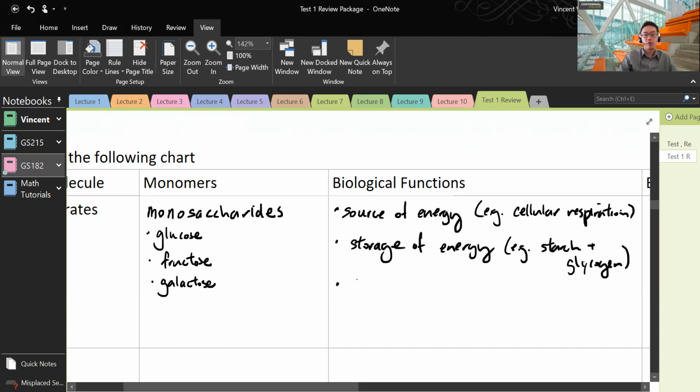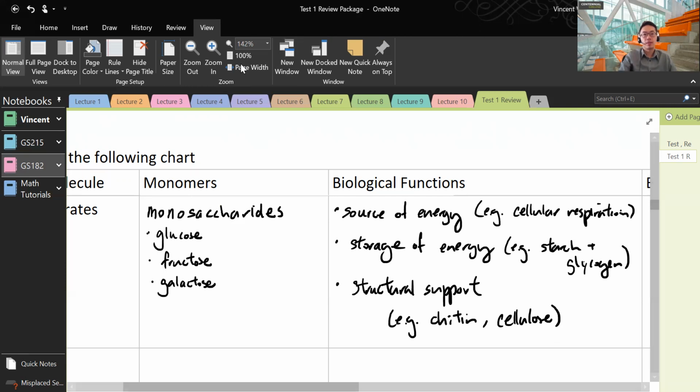And one last biological function, structural support. Structural support, such as chitin for exoskeleton of like bugs and crustacean, like lobster, crabs. And another example of structural support would be cellulose. Okay, cellulose.